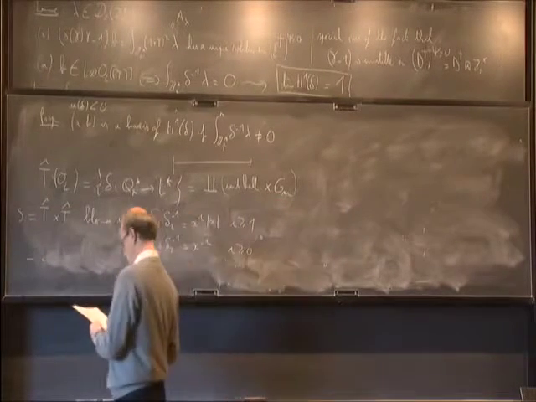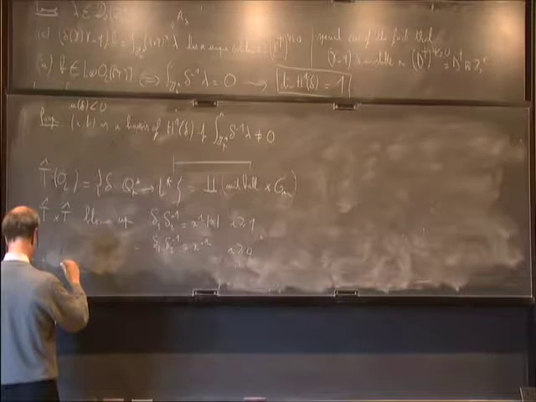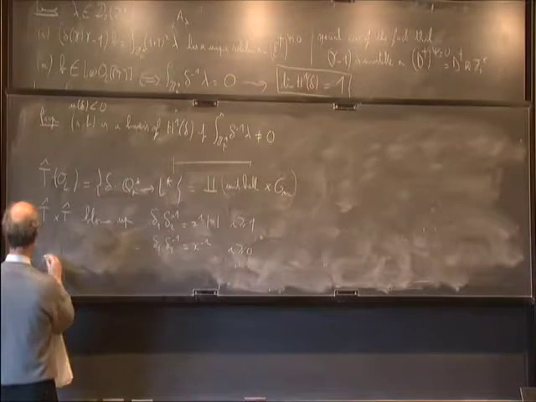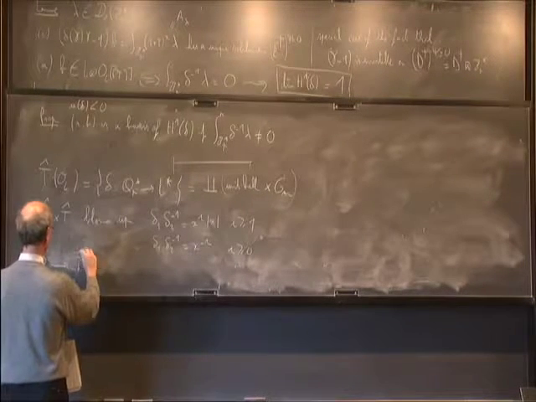And so you have a map from S cross T hat to T hat.